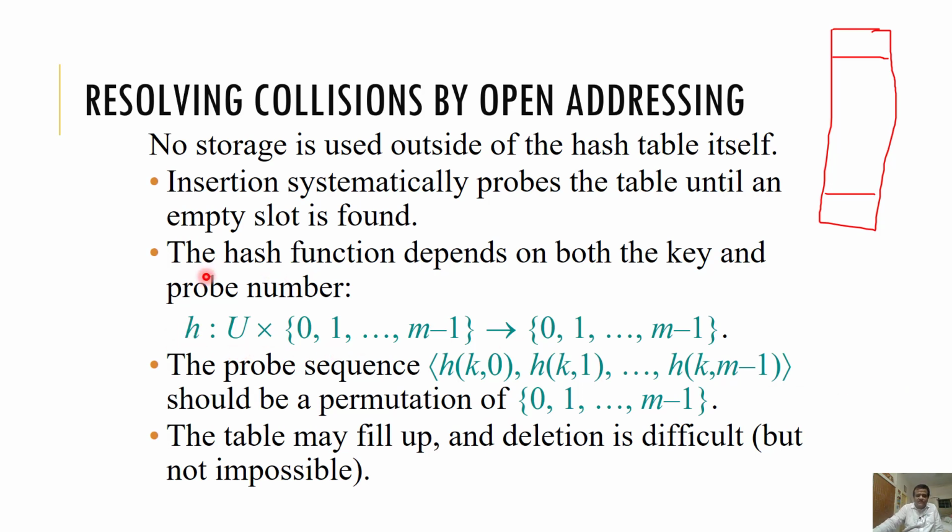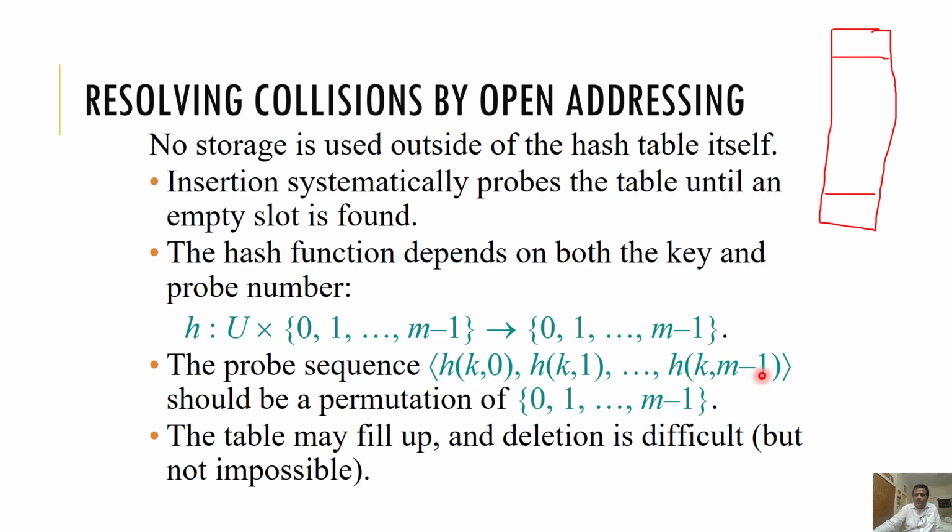Now the hash function is a function of the key and the probe number, the sequence of different hash functions onto the fixed slots. So h0 of k is the first hash function. If it hits an occupied slot, then we have to go for the second hash function, the second probe. So we have a sequence of probes: this is the 0th attempt, h0 of k, the original hash function, and this is the first attempt, h1 of k.